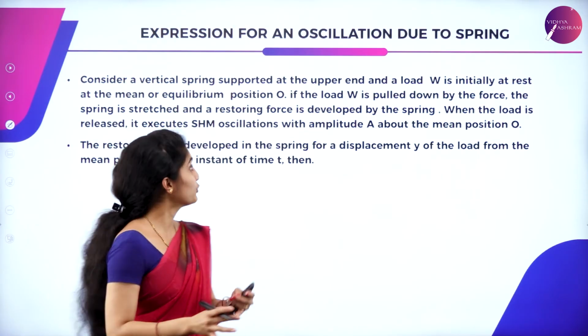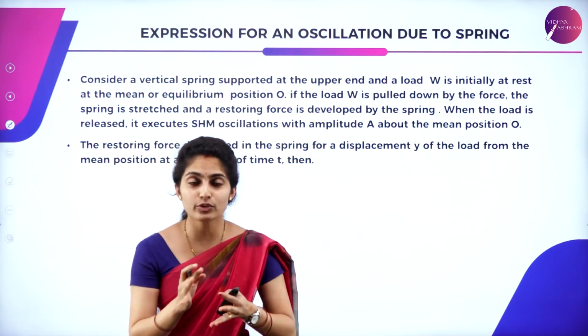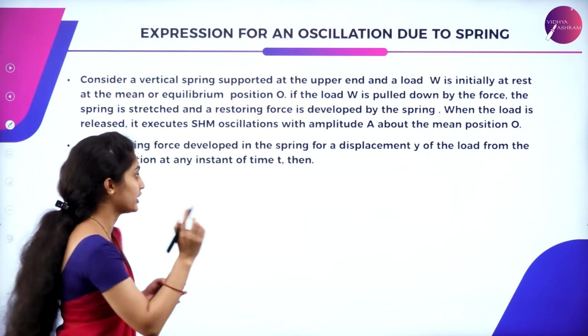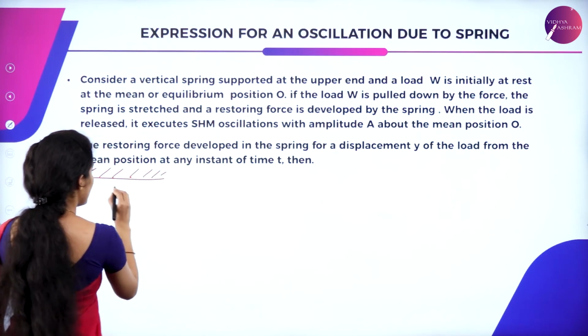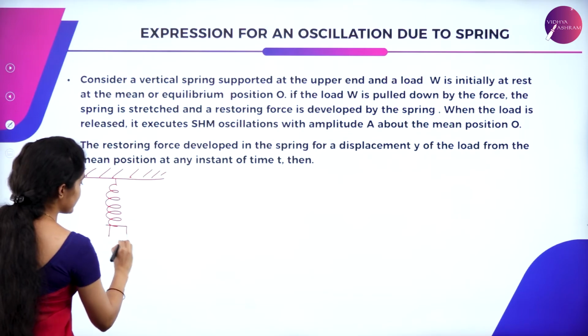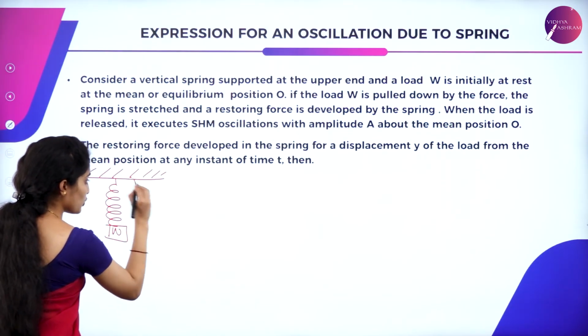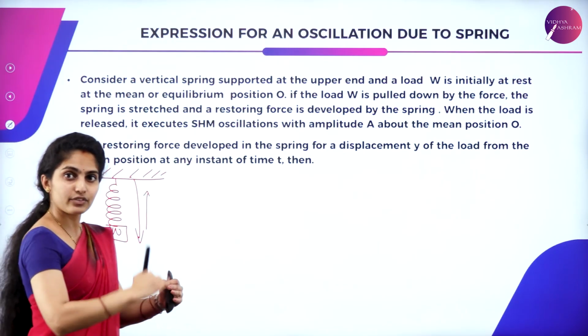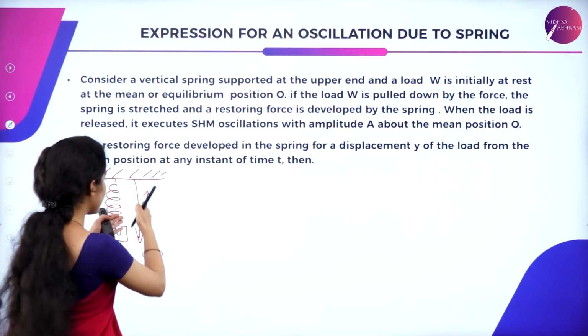So now let us move to the expression for oscillations due to a spring. So what do we have here? Here we are supposed to consider a spring which is fixed at one end. We have the spring which is fixed, and there is a load here, and it is stretched and it is restored back. The stretching and restoring back we have already discussed in the earlier classes.